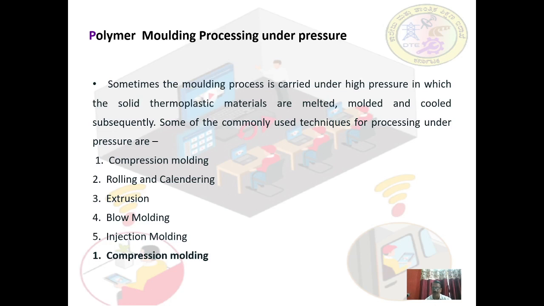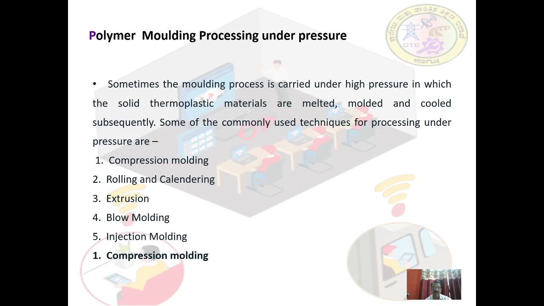This is the operation of the compression molder. Compression molding is uneconomical because the process has a long cycle time, as the material in the mold is heated and cooled by conduction via the mold surface. So this is about compression molding.